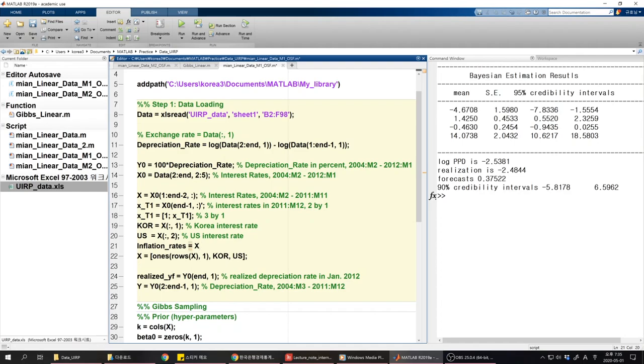X, 3 colon 4, right? So these are inflation rates across countries.